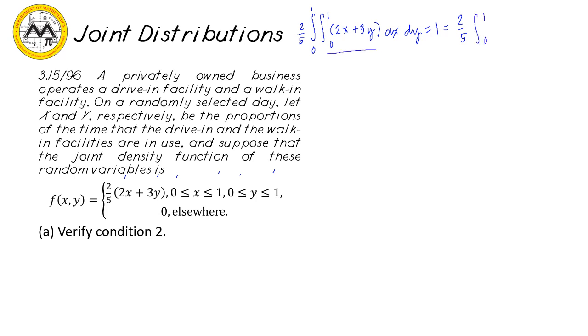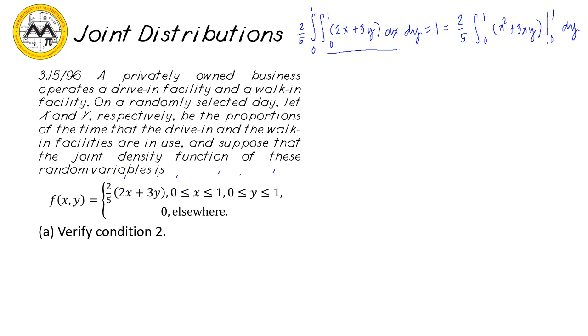If we integrate this with respect to x, it would be x squared plus 3xy. The integral of 2x with respect to x is x squared. For 3y, there is no x term, so that is a constant. The integral of dx is x, so x times 3y would be 3xy. And then we evaluate from 0 to 1.